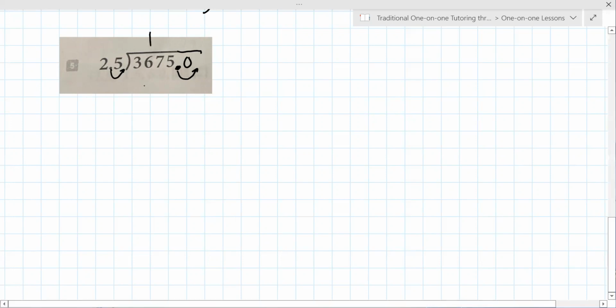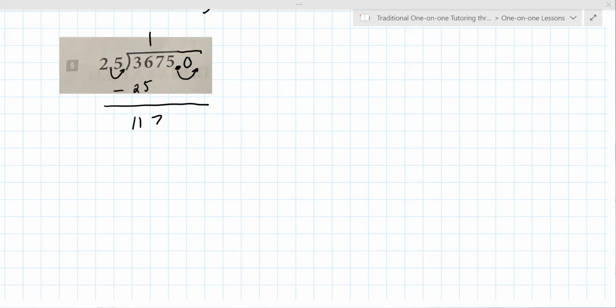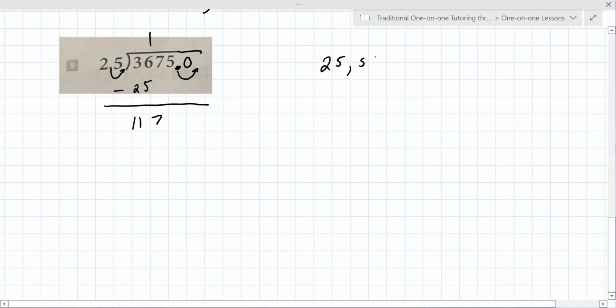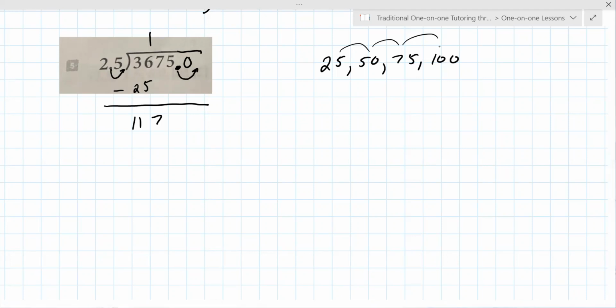That's right. And then that is 11. Bring down the 7. That's 117. 25 can go into 117. Notice I'm just writing them out, the times going up. 25 goes into 117 4 times, and that is 100.